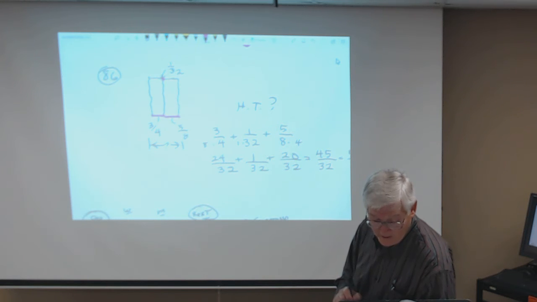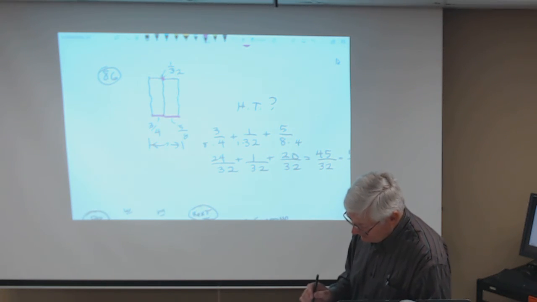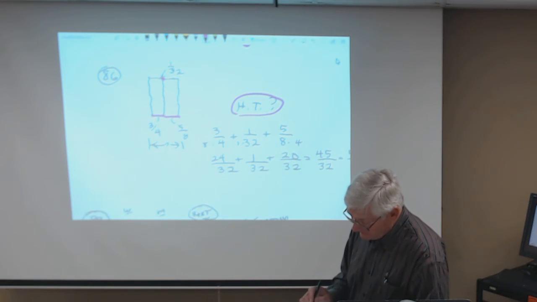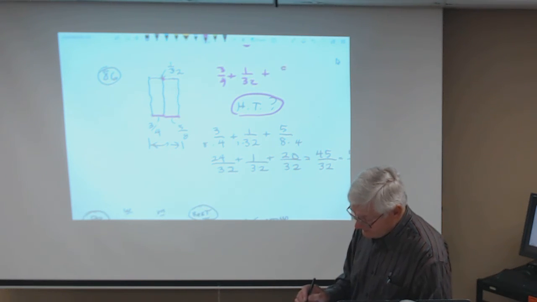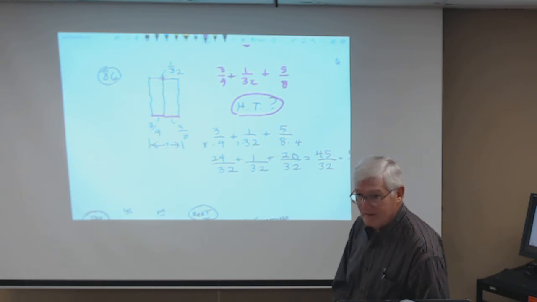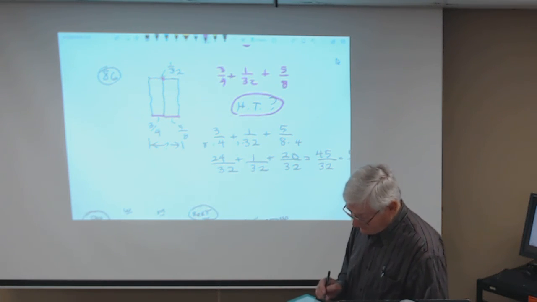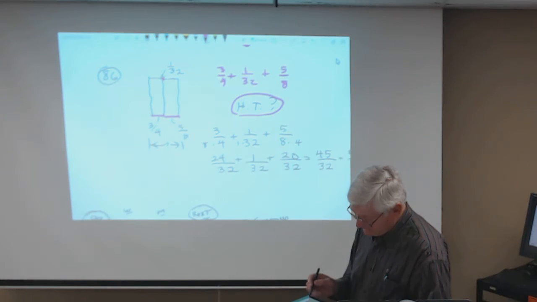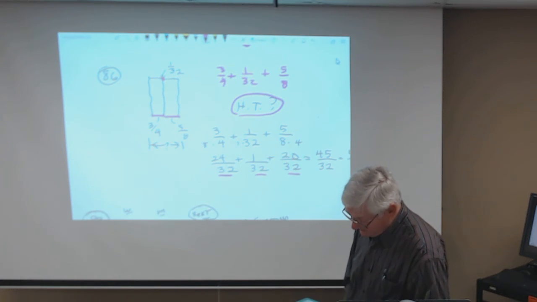And what do they want to know? How thick is the result? That would be 3/4 plus 1/32 plus 5/8. Everybody follow that? So I have 3/4 plus 1/32 plus 5/8. My common denominator is 32.